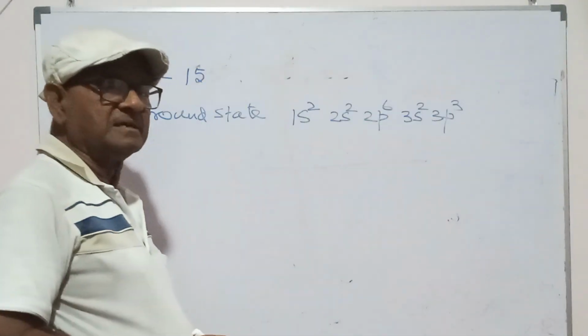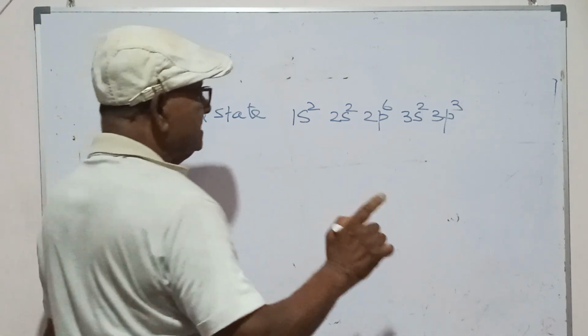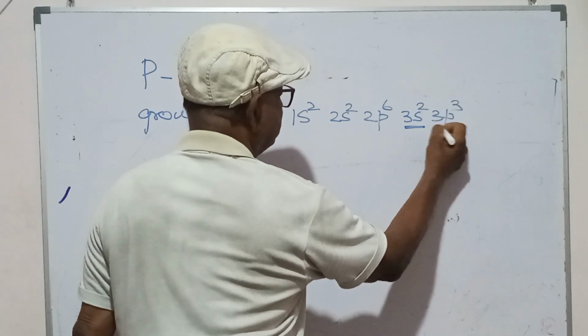This is the ground state configuration of the phosphorus atom. So the outermost energy level is the third energy level, 3s2, 3p3.